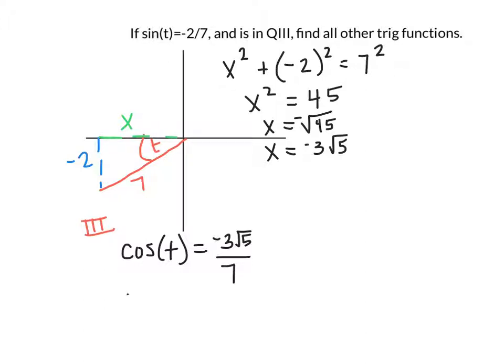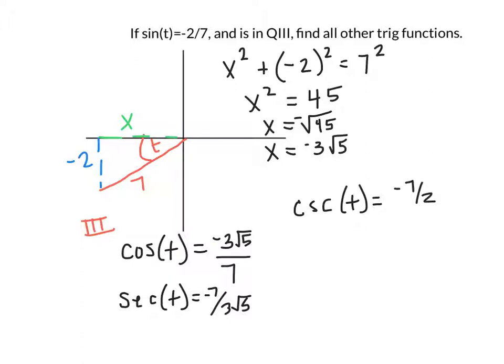If I next wanted to look at secant, the secant of t, remember, is the reciprocal of cosine, so that would be 7 over 3 square root of 5, and we'll assign that negative to the top, -7 over 3 square root of 5. If I wanted to look at cosecant, cosecant is based on the reciprocal of sine. The reciprocal of sine would be -7/2. Next, tangent.